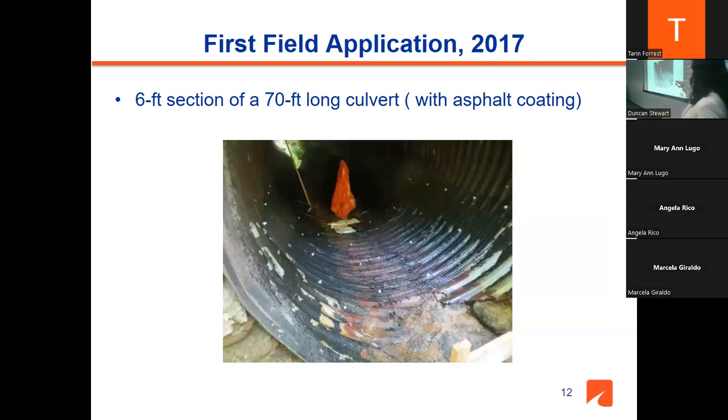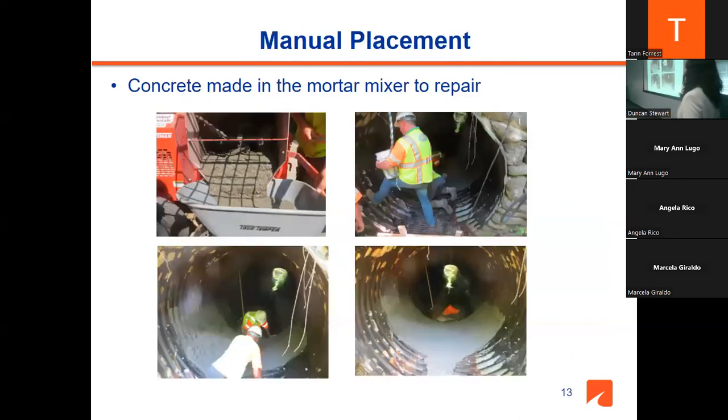It was asphalt coated, but still we put the geogrids and poured the concrete, and even after heavy flooding at that time, we went to inspect it, and we saw that the concrete was in place, and we had no problem in that implementation.